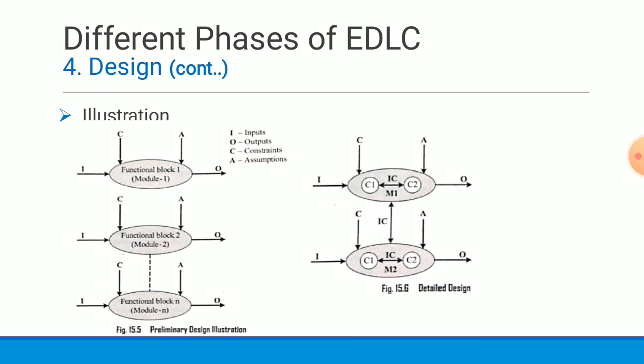Then when it comes to detailed design, the first functional block is represented as M1, module 1. It contains two components, C1 and C2, and interconnection of those components is also defined. Also the interconnection between modules, that is functional blocks, is defined in detailed design. So apart from input, output, assumptions, constraints, the various components of a functional block as well as the inter-module communication is also defined in detailed design.